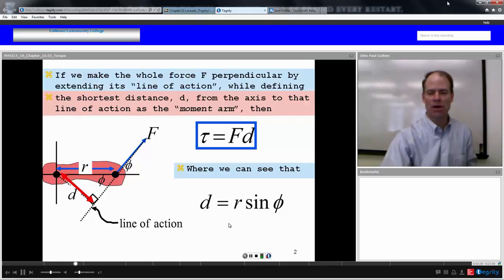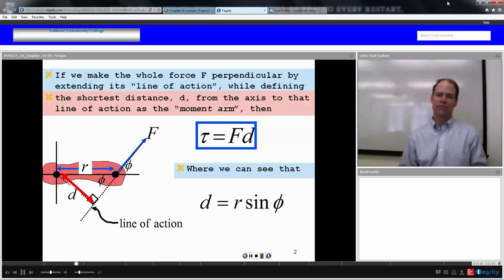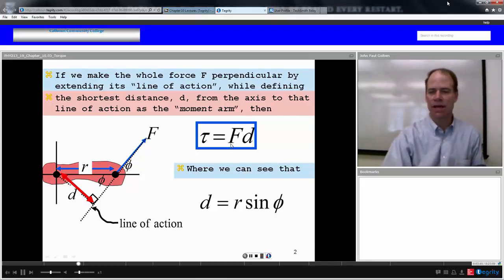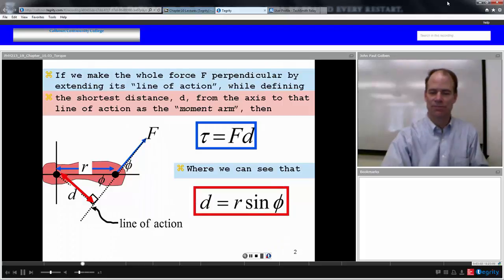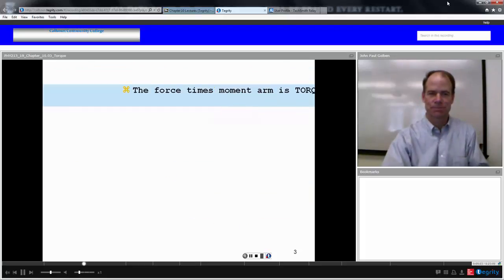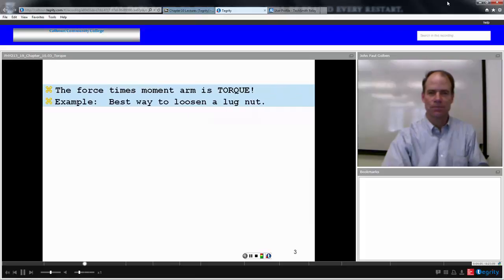So my moment arm is equal to r sine phi, and if I were to substitute that into torque equal to F times d, I would get torque equal to F times r sine phi, which is what we had on the previous screen. So this is actually consistent with the result that we had on the previous screen. So force times moment arm is torque.